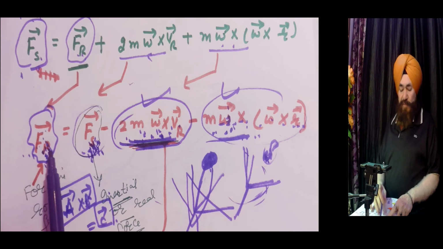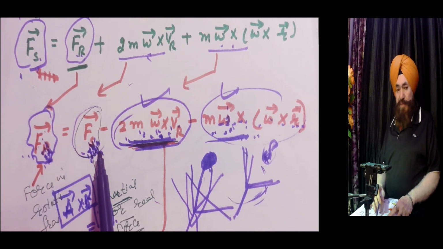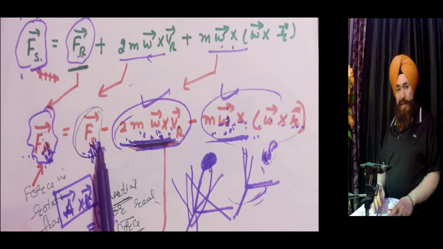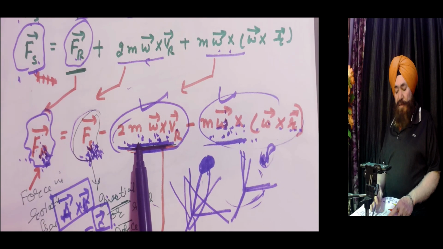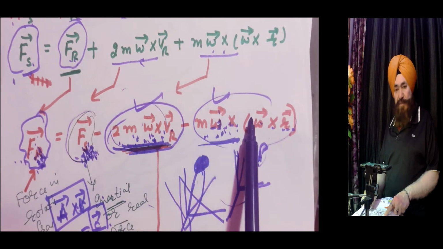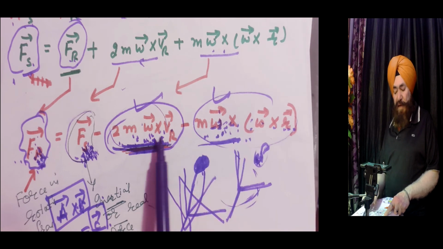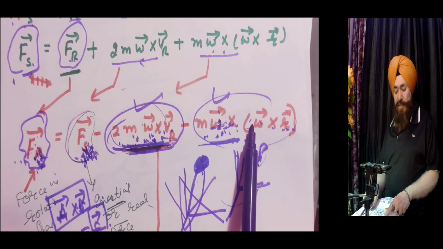If you observe that force from the rotating frame, it equals the real force which the particle experiences with respect to the rest frame, plus two more terms which originate because of the rotating space. And that's why the two forces are called fictitious forces.